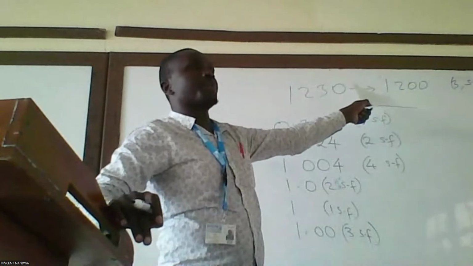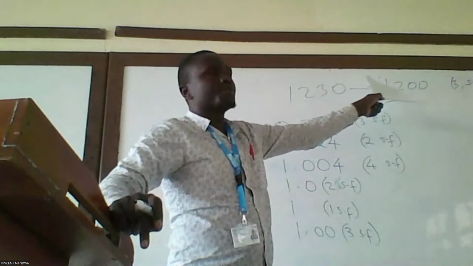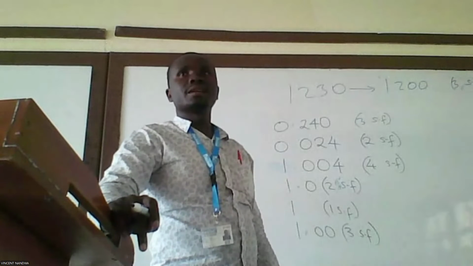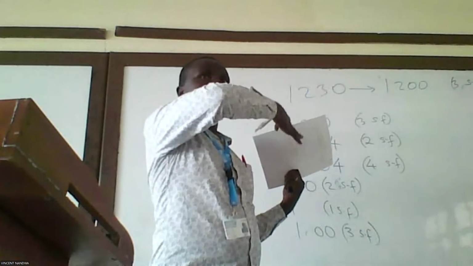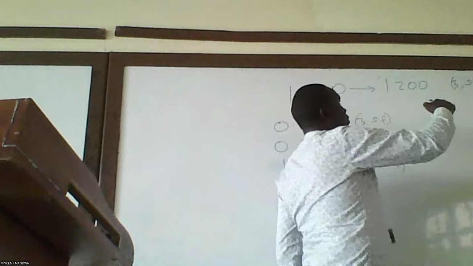3 significant figures. With the instruction to round off, for example, you are doing a calculation and you have 1200, and the instruction was to round off to 3 significant figures. We usually start from the left, okay? Then, if you want to round off to 3 significant figures, you look at the 4th position from this side.